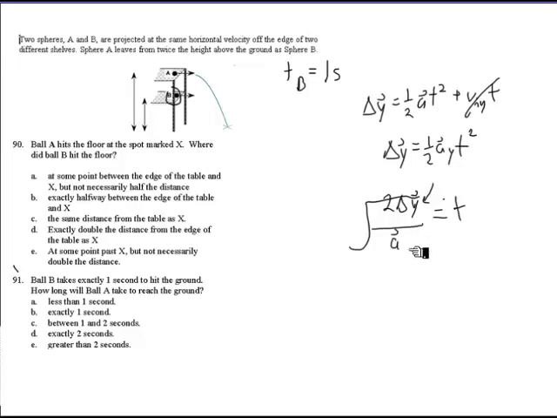Well, if I double delta y, you basically make this whole side the square root of 2 bigger. So to compensate, the right side has to be the square root of 2 bigger. So if this is 1 second, making it square root of 2 bigger is about 1.41 seconds.